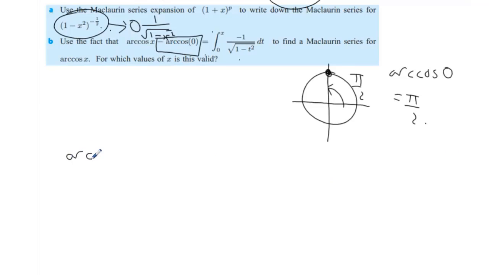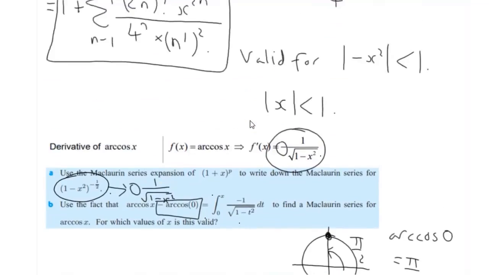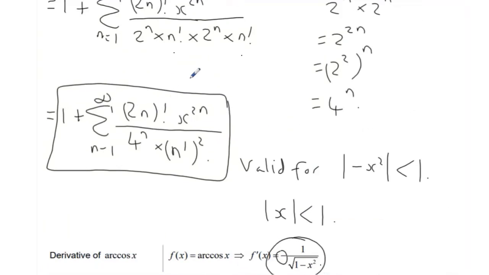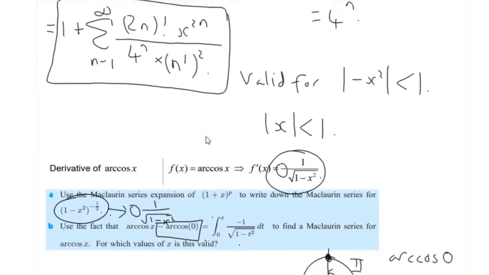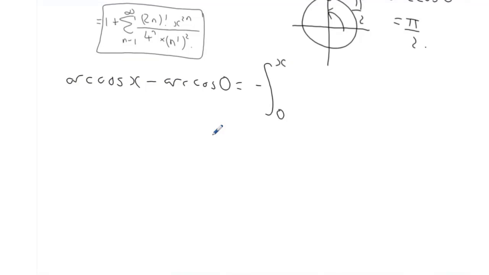So now arc cos x minus arc cos 0 equals minus 1 times the integral, remember, because we're missing that minus sign, between 0 and x of our series for 1 minus x squared to the power minus a half, but with t's instead of x's, and it's dt. So it's going to be all of this, but we need t's. So let's just put that there so we can see it.